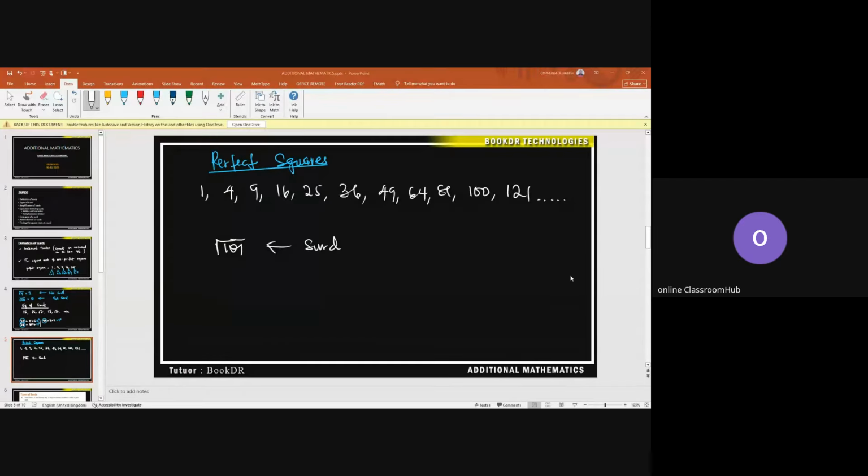Because the square root of 36 is a whole number, which can be expressed as a fraction in the form A over B, but the square root of 101 cannot be expressed as a fraction in the form A over B, where A and B are integers. Good.